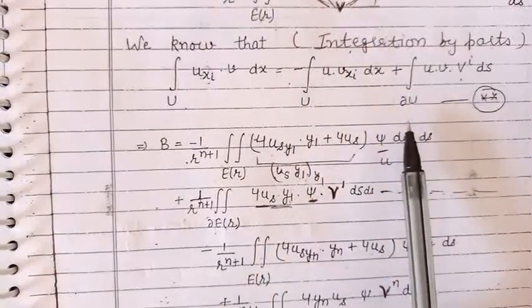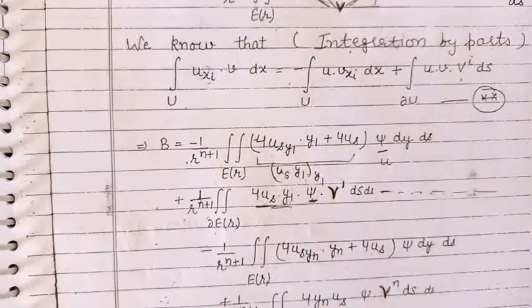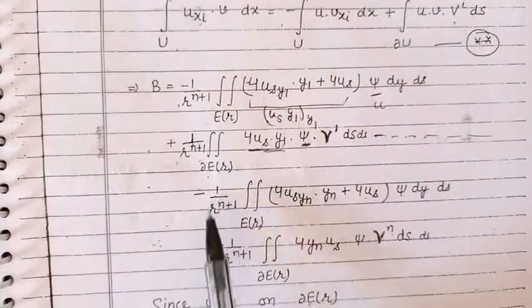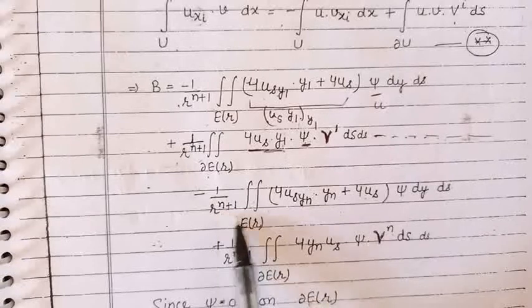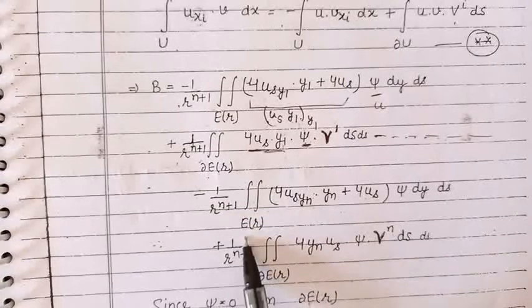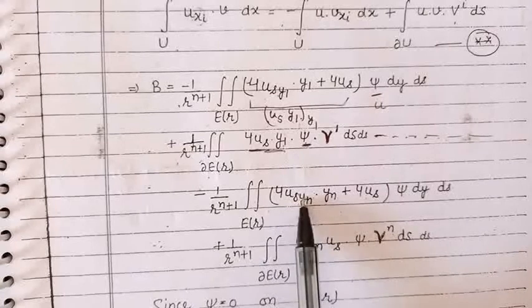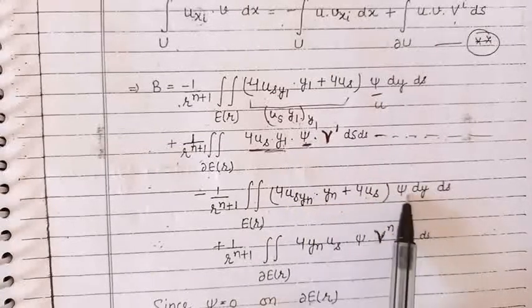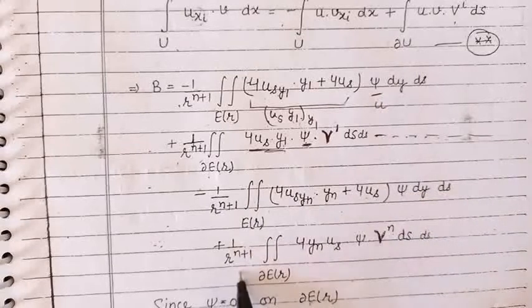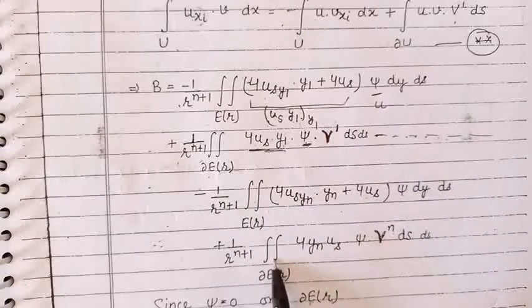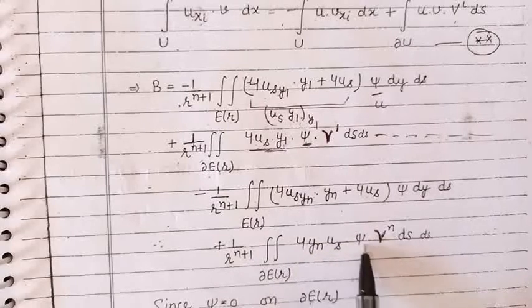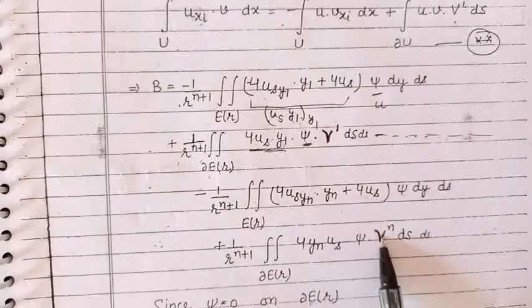In the same way we can apply this formula for all the integrals, and the last term will finally become minus 1 upon r to the power n plus 1 into the double integral over the heat ball of 4u s yn into yn plus 4us into psi, plus 1 upon r to the power n plus 1 into the double integral over the boundary of the ball of 4yn into us into psi into ν n.